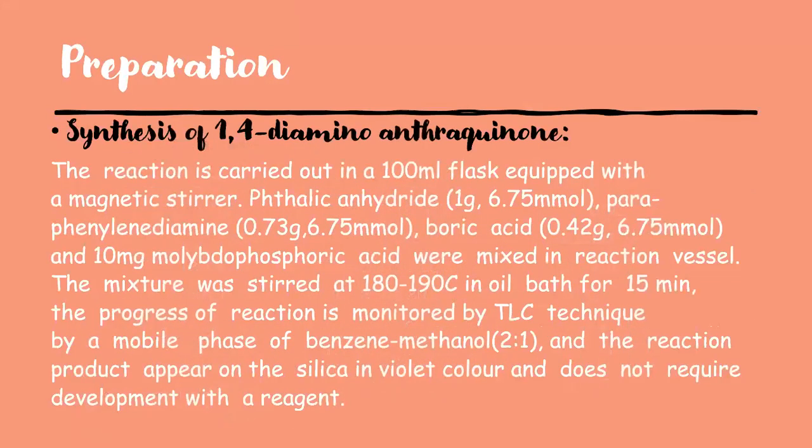Synthesis of 1,4-diamino anthraquinone. The reaction is carried out in a 100 ml flask equipped with a magnetic stirrer. Phthalic anhydride, para-phenylenediamine, uric acid, and 10 mg molybdophosphoric acid were mixed in the reaction vessel.